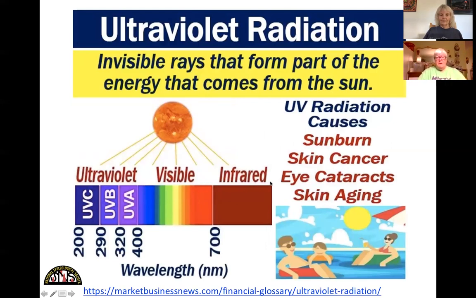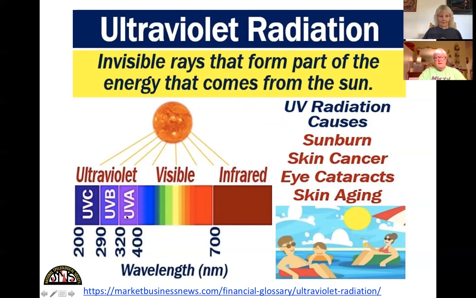And down here we have the example of the portion of the electromagnetic spectrum, visible light in the middle with the Roy G. Biv going from right to left, red to violet. Below red we have infrared, and above violet we have ultraviolet.